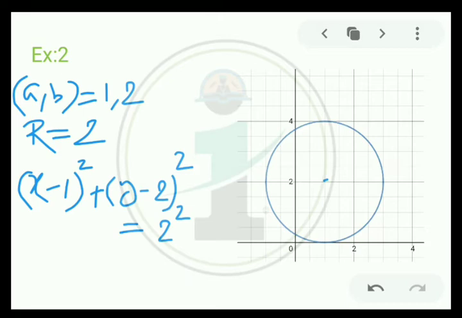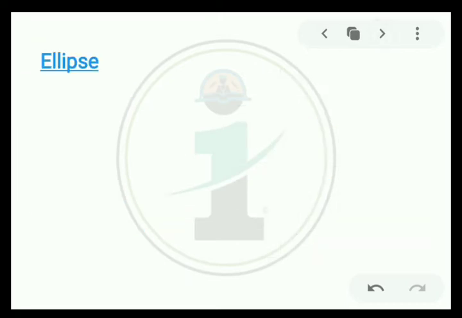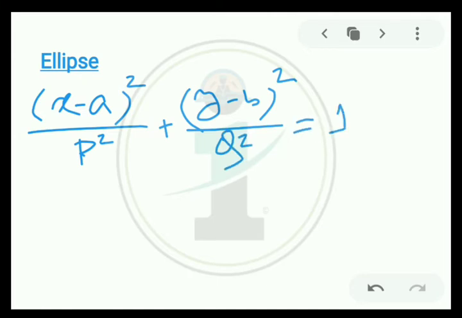Now let us see the next diagram, and that is the ellipse. So the ellipse has an equation in that form: (x minus a) whole square by p square plus (y minus b) whole square by q square equals 1.